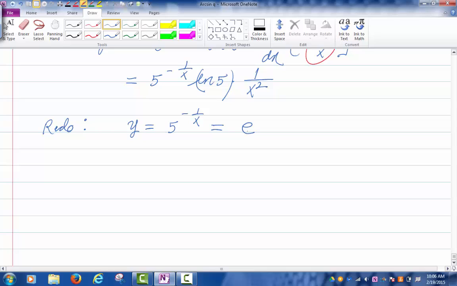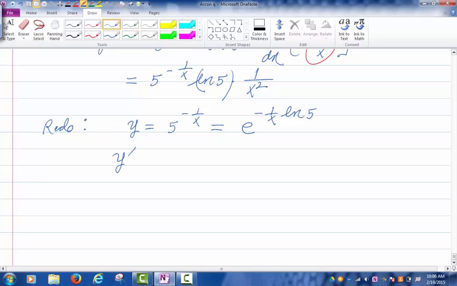So this would be ln of 5 multiplied with the derivative of negative 1 over x. You agree? The exponent is negative 1 over x times ln of 5. ln of 5 is a constant factor, so I'm going to get ln of 5 times the derivative of negative 1 over x. What's the derivative of negative 1 over x? 1 over x squared. We saw that before.